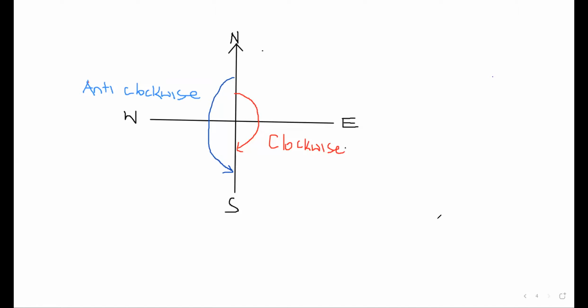When you move in the opposite direction to this, this is clockwise and that is anti-clockwise. So you get 180 degrees. Let's move on. I think we give a chance to someone to attempt Roman 2.